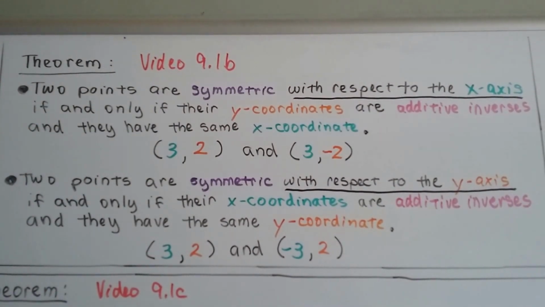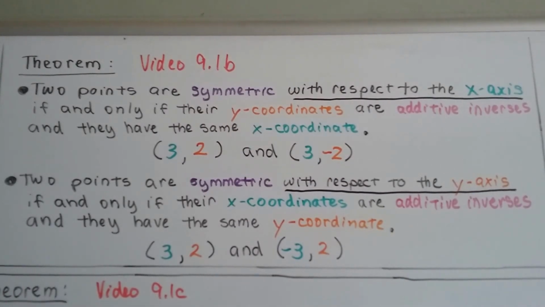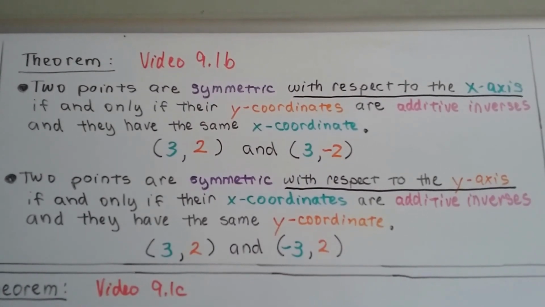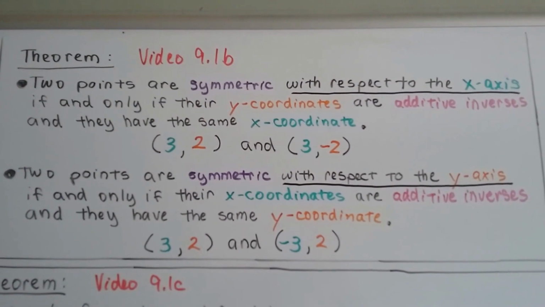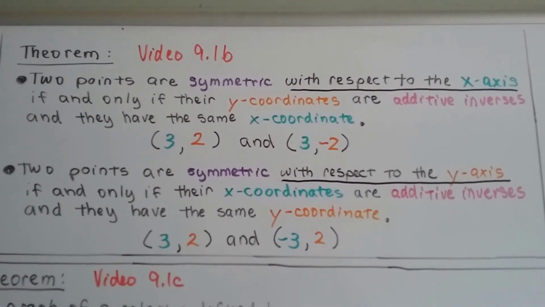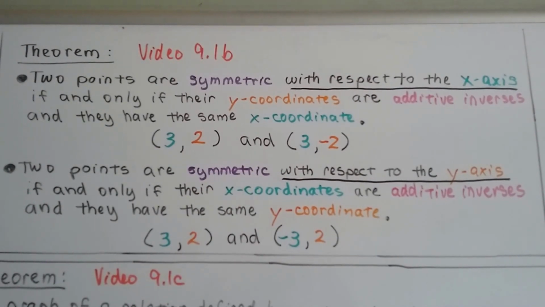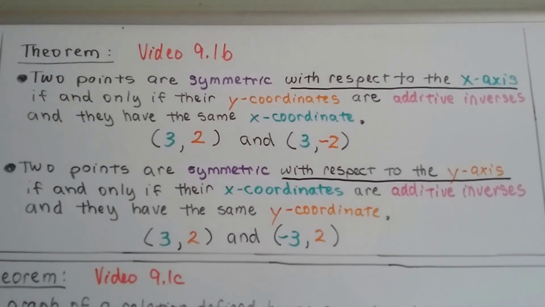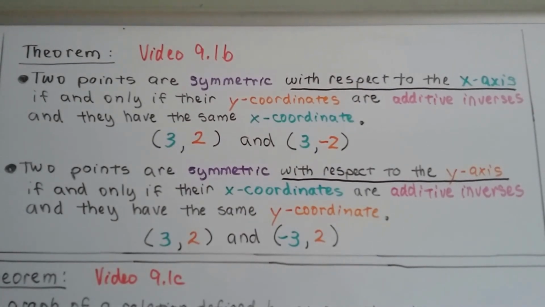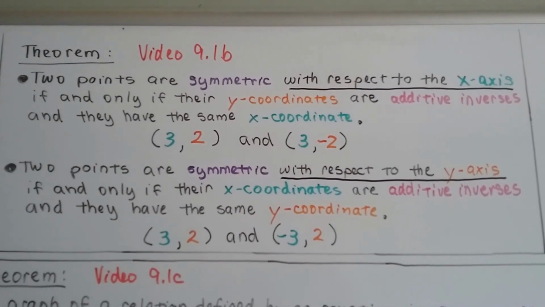But the y-coordinates are additive inverses. We have a 2 and a negative 2. And 2 points are symmetric with respect to the y-axis if and only if their x-coordinates are additive inverses and they have the same y-coordinate. So now we've got additive inverses for the x, the 3 and the negative 3, and that y-coordinate's the same. They're both 2. So the 2 points would be symmetric with respect to the y-axis.